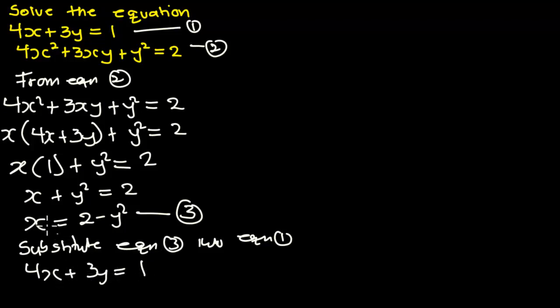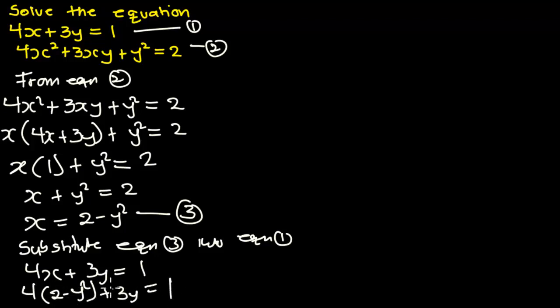This means that wherever we see x, we write 2 minus y squared. So we have 4 multiplying 2 minus y squared, plus 3y is equal to 1.